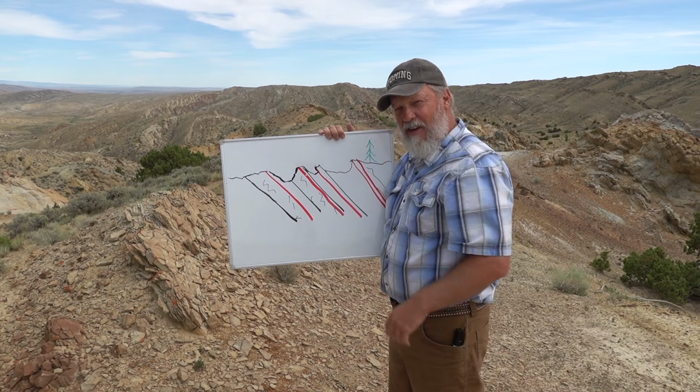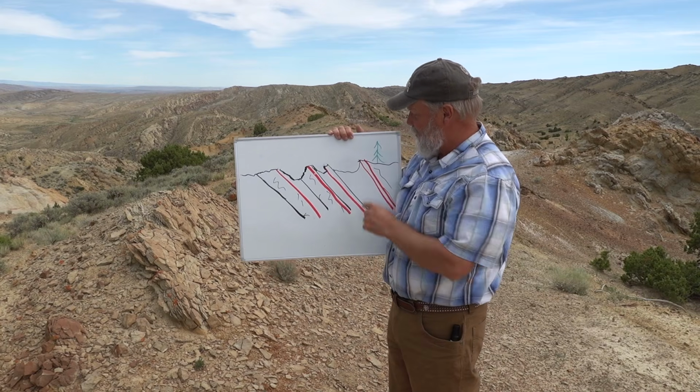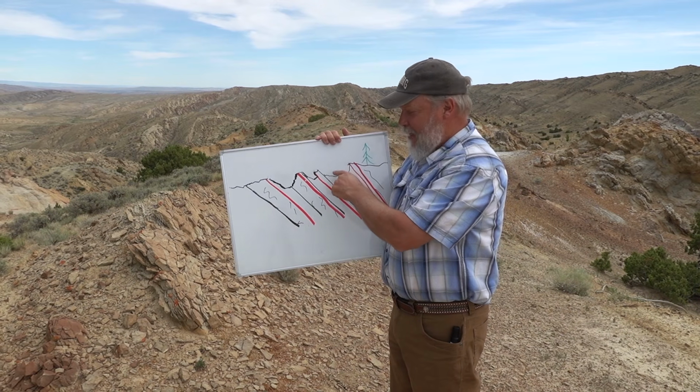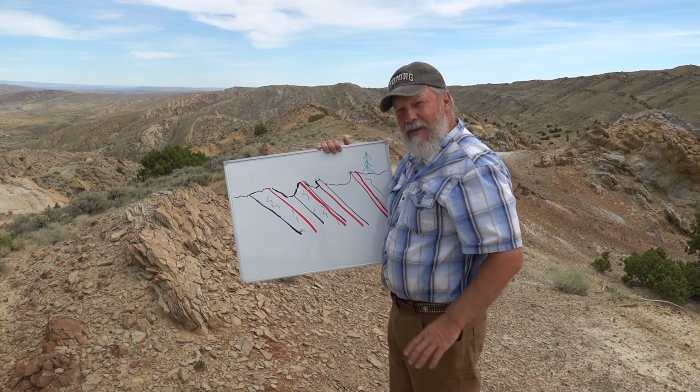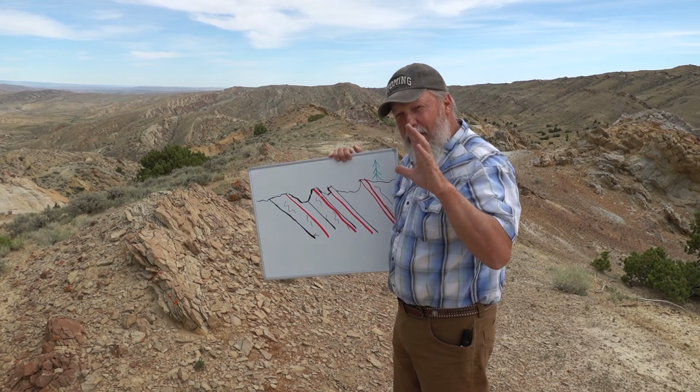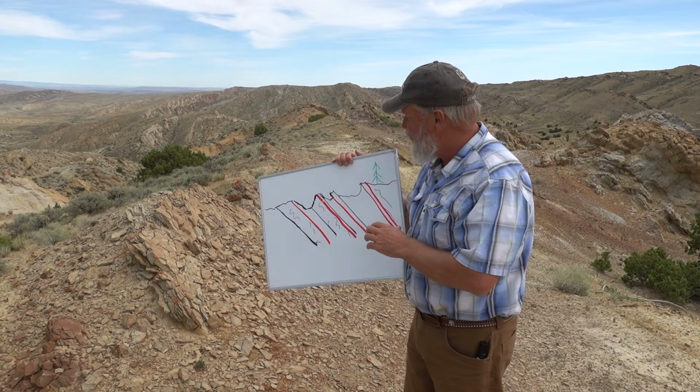So again, you get an opportunity to think like a geologist. You might be driving down that valley and there's a ridge on each side of you because it's resistant, hard rock.